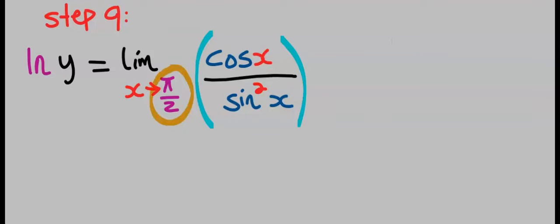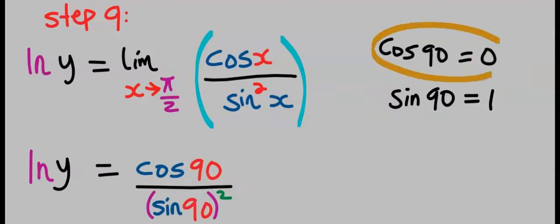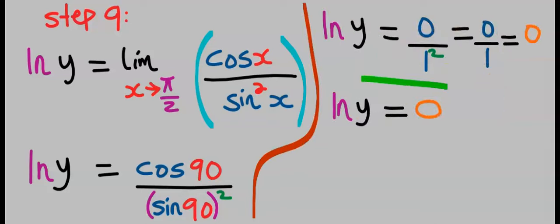Pi over 2 is equal to 90 degrees, which is 180 divided by 2, which is 90. Cos 90 is 0 and sin 90 is 1. Hence, the natural log of y becomes 0.